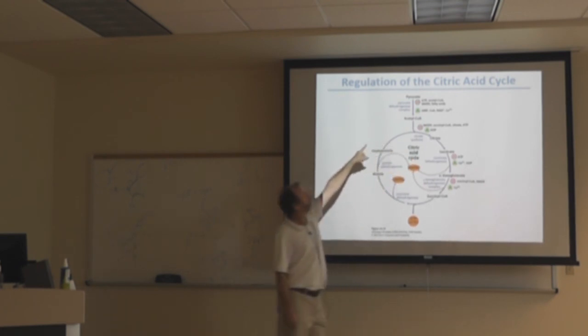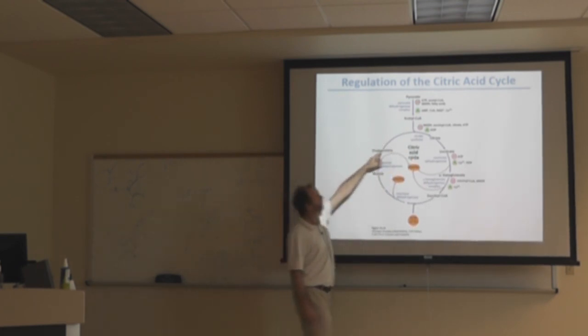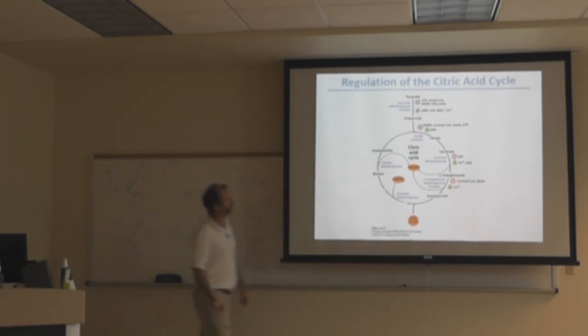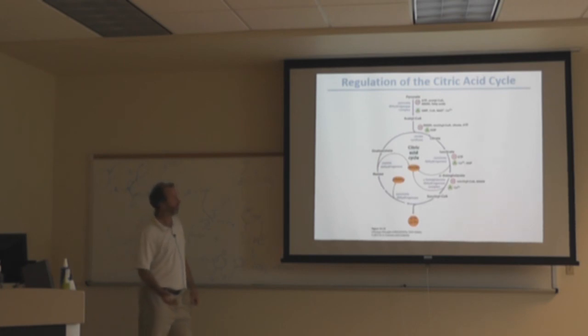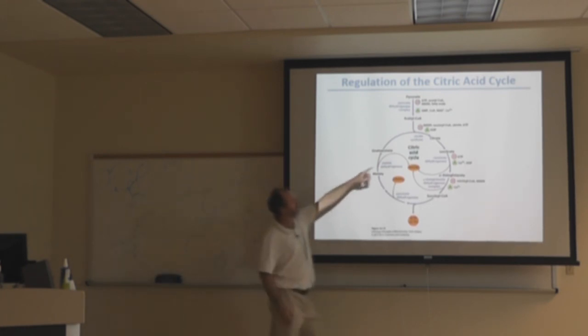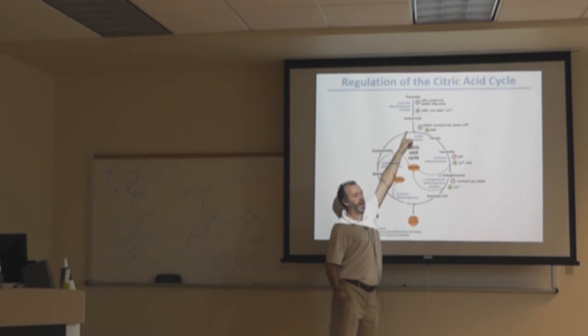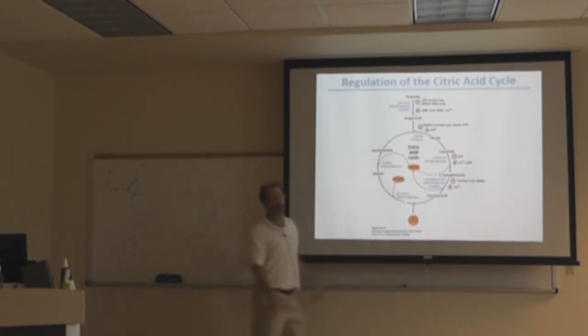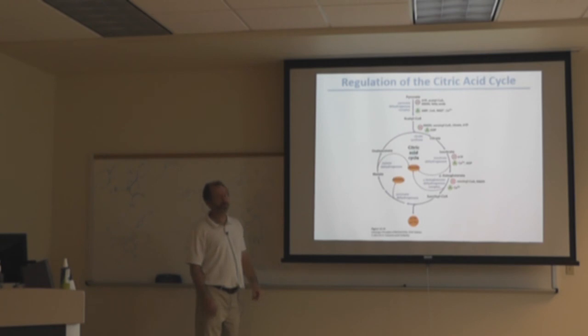And you remember pyruvate dehydrogenase is inhibited again. ATP, acetyl-CoA, NADH, and fatty acids are all going to inhibit pyruvate dehydrogenase. So again, high energetic state of the cell, you don't want to send things into the TCA cycle. Low energetic state of the cell, you're going to activate and send things in to be burned to produce more energy.